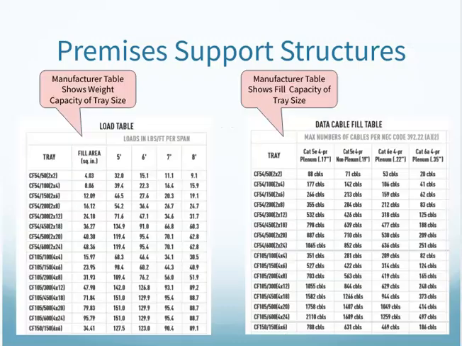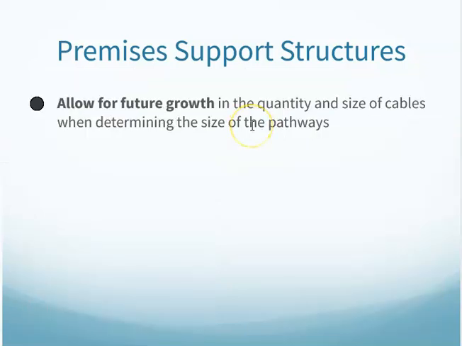From manufacturers, there are tables for wire mesh cable trays, and there's a table here that shows how much weight a specific size of tray can hold, and then with that, how many cables will fit in a specific type of tray. You'd want to make sure, that's max, maybe I'll go up a size or two so I have room to grow as time goes down the line.